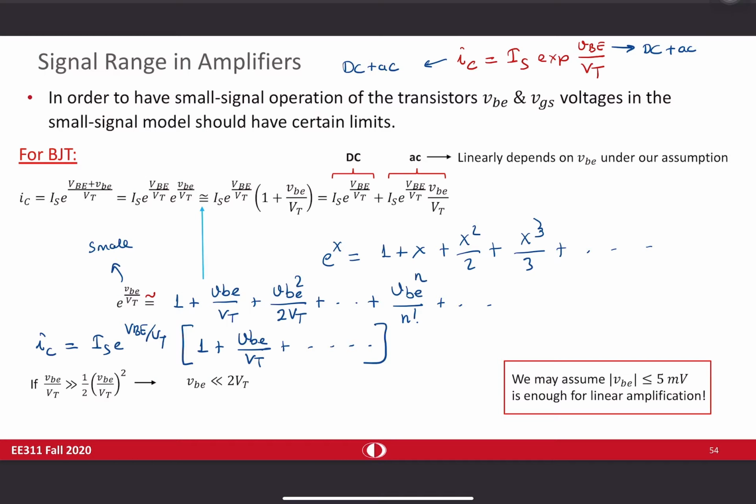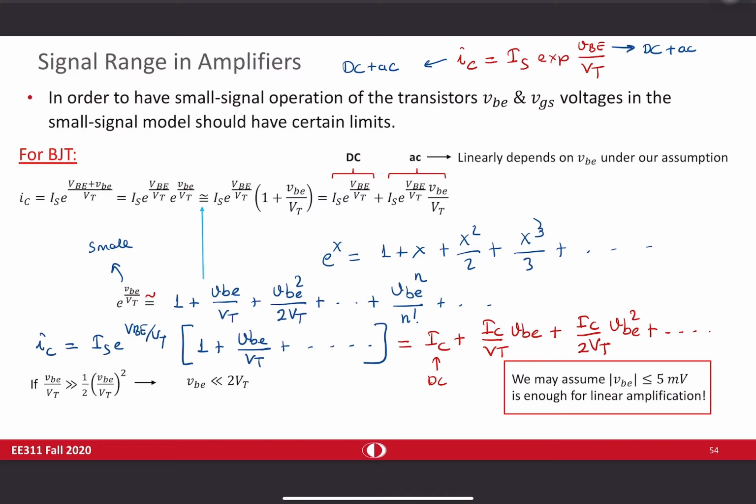So this thing is in fact equal to IC plus IC divided by VT times VBE plus IC divided by 2VT times VBE squared, and so on and so forth.